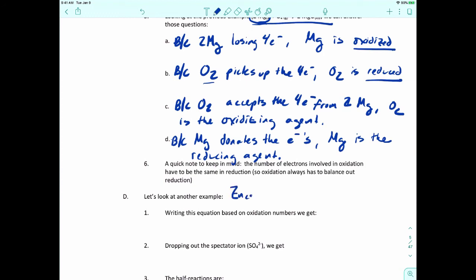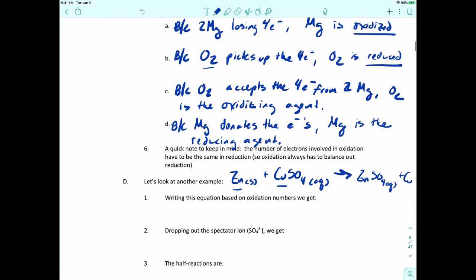What if you had solid zinc and copper 2 sulfate? Okay. And these react to form zinc 2 sulfate plus copper.